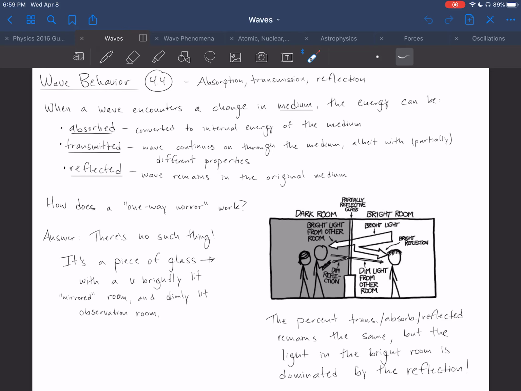But as it turns out, there is no such thing as a one-way mirror. In fact, all a one-way mirror is, is a piece of glass in very particular circumstances. You need a very brightly lit room and a very dimly lit observation room, where whatever is being observed is in the very brightly lit room.